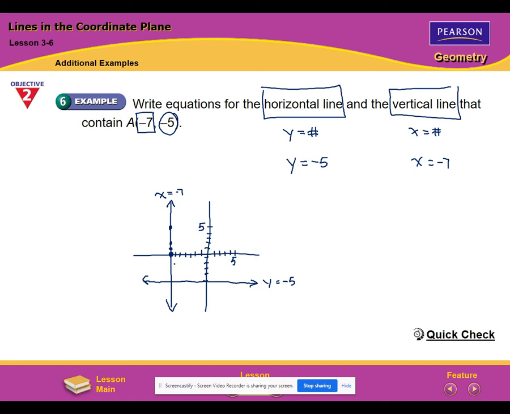It is not the case that the y just doesn't exist. It's not there, not evident in the equation. No, it's the case that y can be whatever, any number, all real numbers. Let y be whatever it is, x is equal to -7. The collection of the ordered pairs where y is any number at all and x is -7 is on this line.